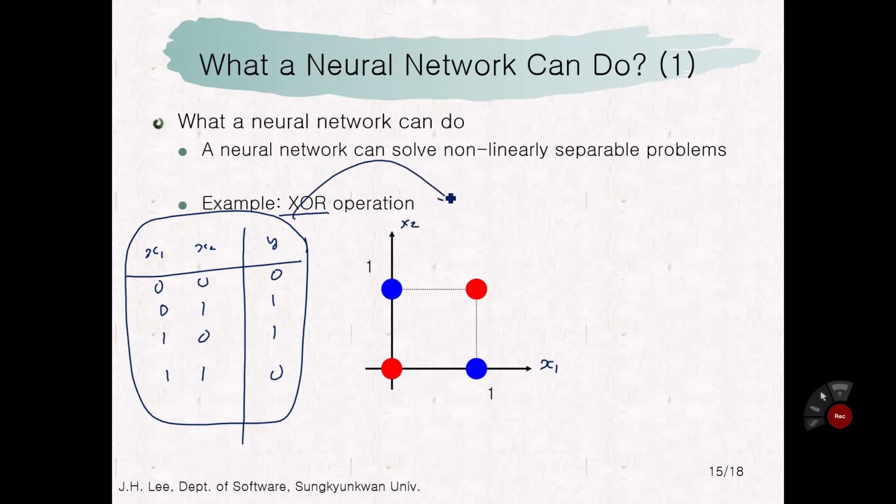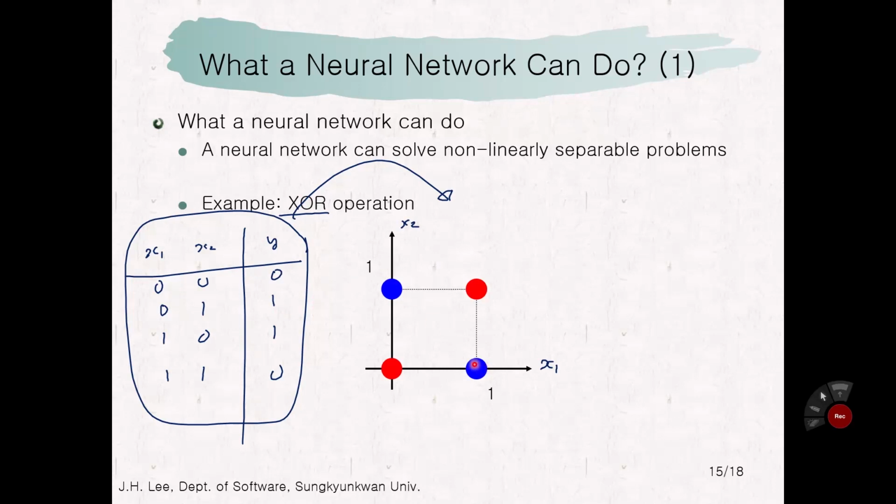If you draw this operation in the x1, x2 input space, red means that the output is 0. The 0, 0 point and the 1, 1 point are red, which means the output should be 0. And for 0, 1 and 1, 0, the output should be 1.